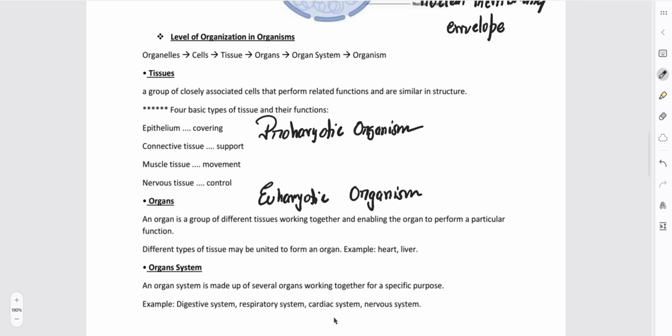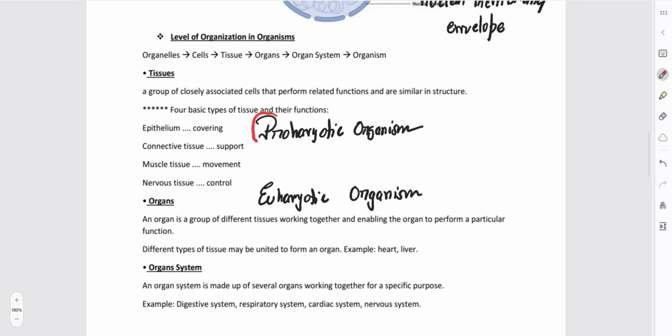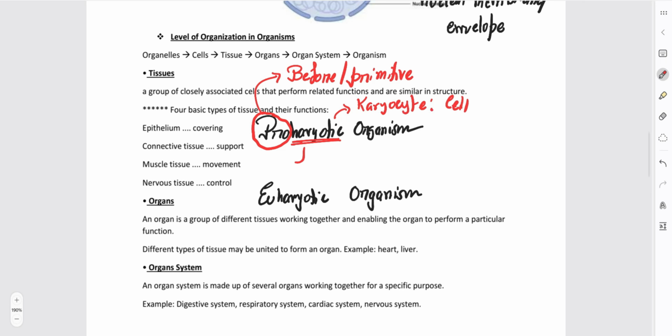Now what are prokaryotic? Okay, let's break it down. Pro means before or primitive in biology, right? And karyotic comes from the word karyocyte, which means cell.